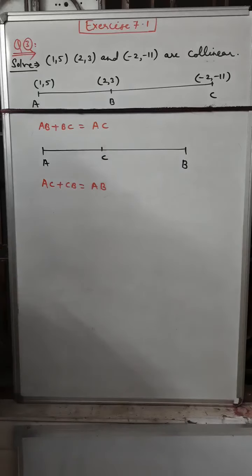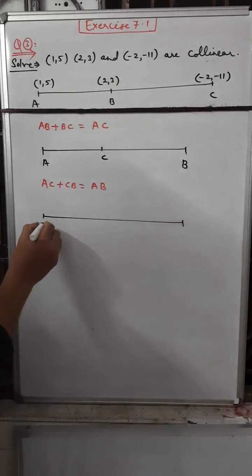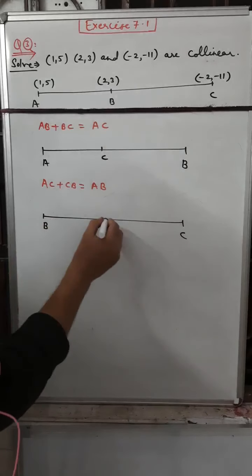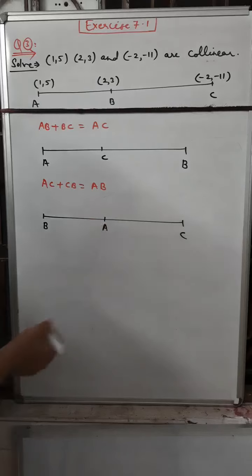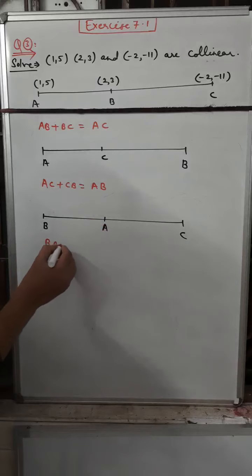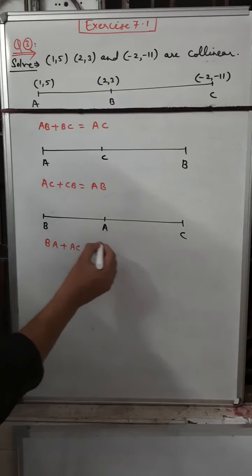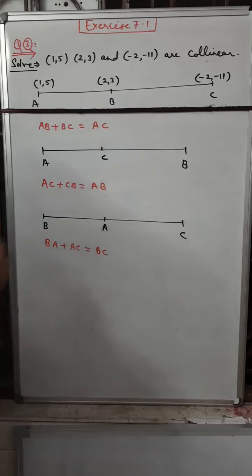Or in the third condition, suppose B and C are at the ends and A is at the mid of that straight line. So in that condition, BA plus AC is equal to BC. So there are 3 possibilities.